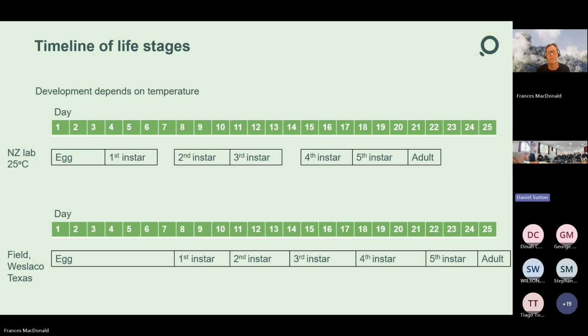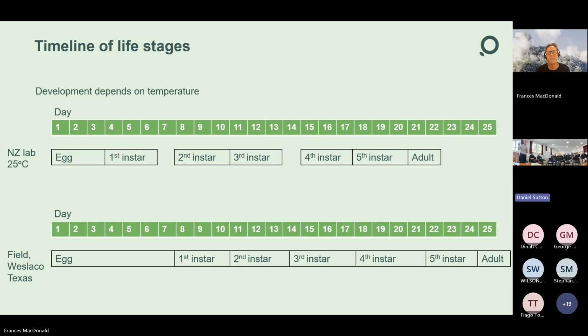This is our lab colony at 25 degrees, showing the number of days it takes to go through a generation, and it collects degree days. Everything above 7 degrees Celsius, you start adding up. Next one, please.